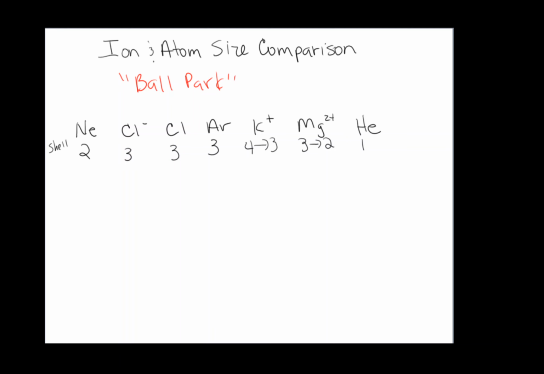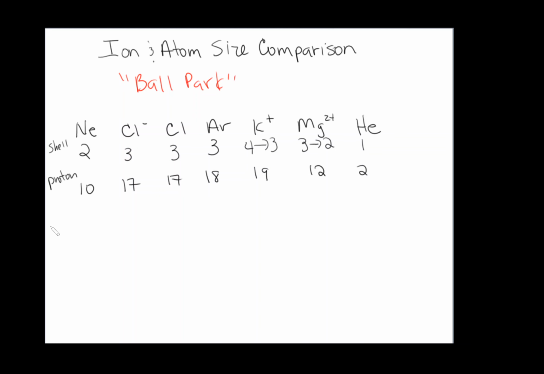All right, the next thing I want to talk about is the protons. And that is not going to change. So neon has 10, chlorine has 17, argon has 18, potassium has 19, magnesium has 12, and helium has 2.